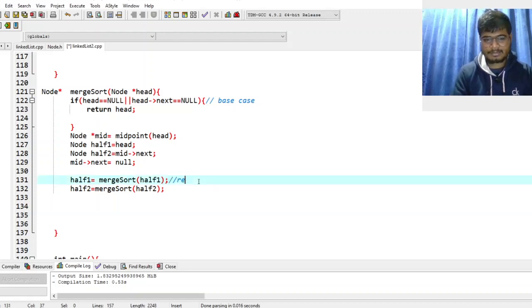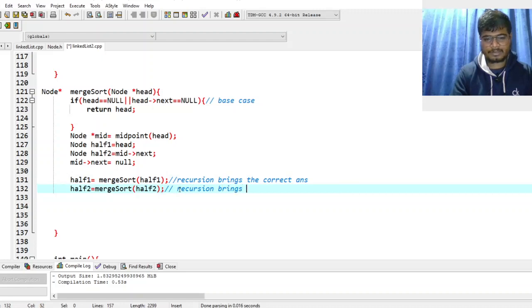That means recursion brings the correct answer from both the parts. We can assume that both the parts will be sorted. That means our sort function would have worked there.